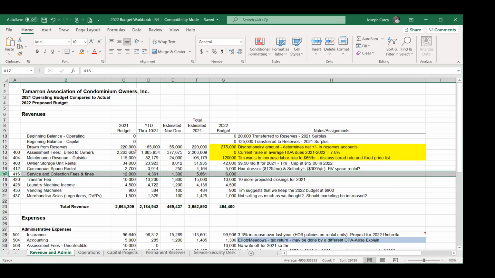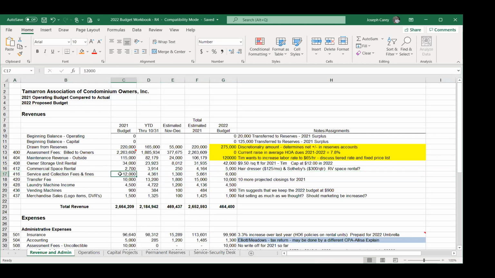We have far fewer owner delinquencies than we've had in the past. And so the money we collect for late fees and interest has gone down. As you can see, we budgeted 12,000 last year. We only expect to collect a little under 6,000. So we lowered the budget for next year to 6,000.